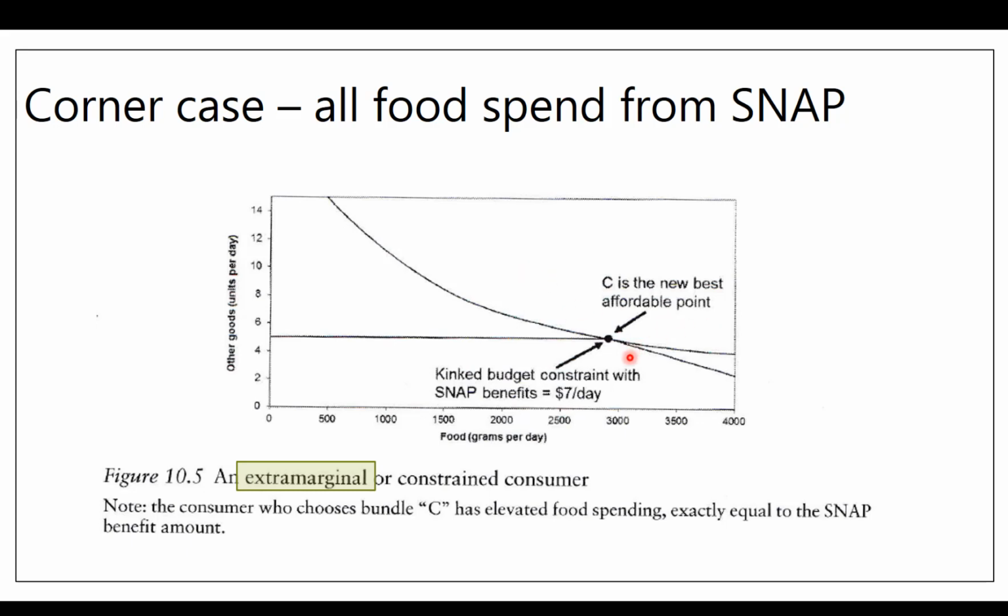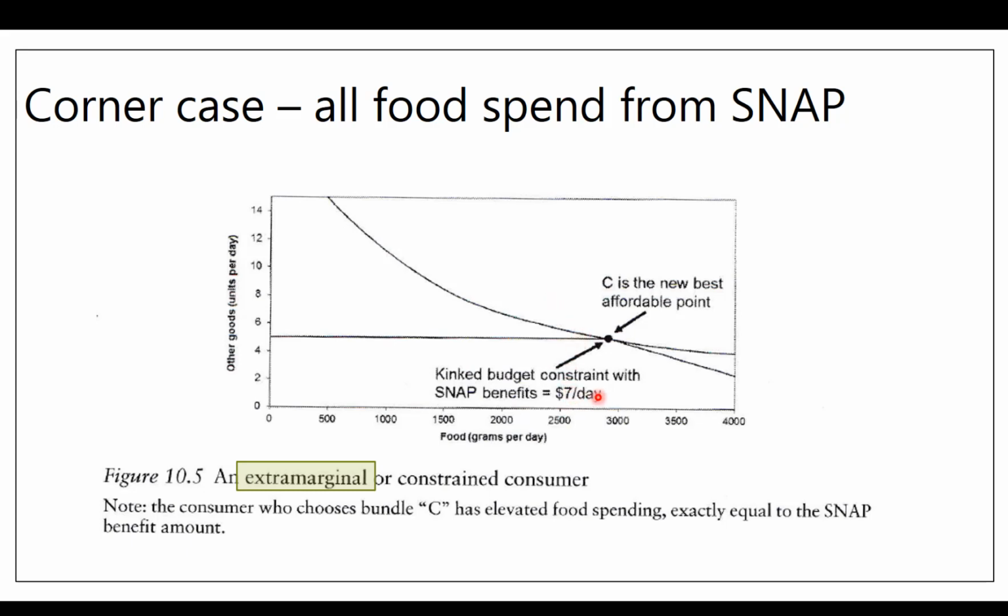And so what we're saying here is the SNAP benefit is so large compared to their income, or they are so poor that the SNAP benefit shows up large, and they're out here at this corner when in fact, if you can make this budget line go like this, instead of the kink being right here, they would choose to move up to a higher utility curve, okay?